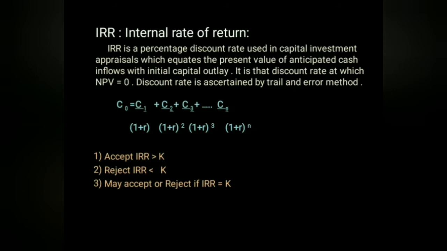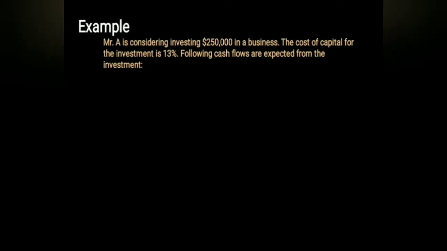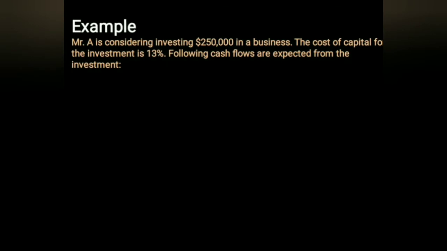And now we have an example. Through this example we will see how to take a decision regarding the investment. Here the example is given: Mr. A is considering an investment of 2,50,000 in a business. The cost of capital for the investment is 13%. The following cash flows are expected from that investment.